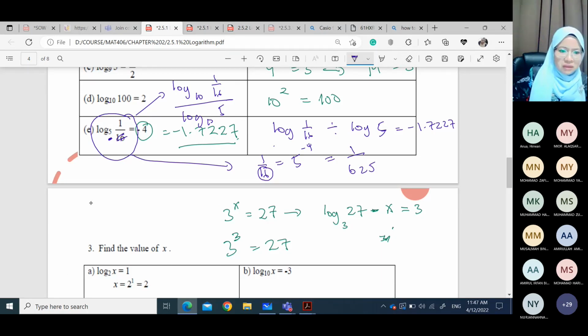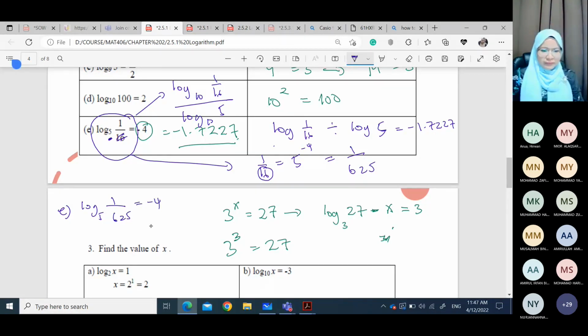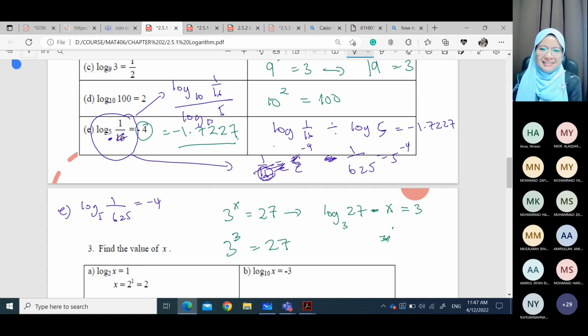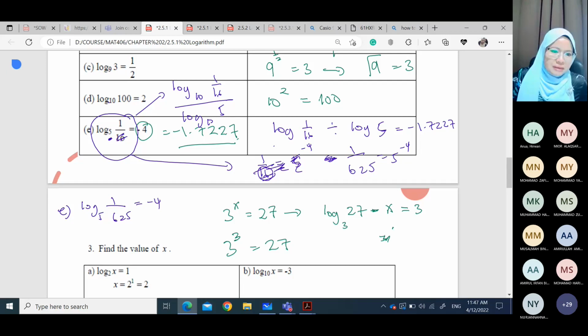So E, log base 5 of 1/625 equal to negative 4. Bila ditukar kepada bentuk indeks, dia akan jadi 1/625 equal to 5 to the power of negative 4. Baru betul. Okay, faham E tu ada kesilapan.